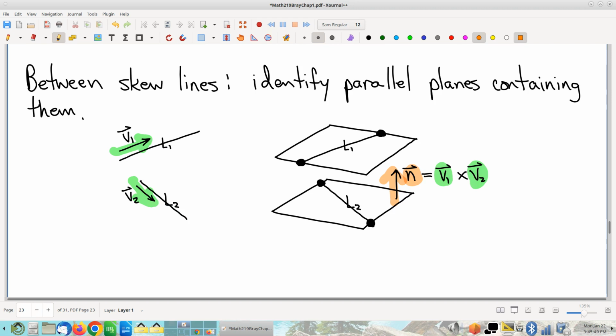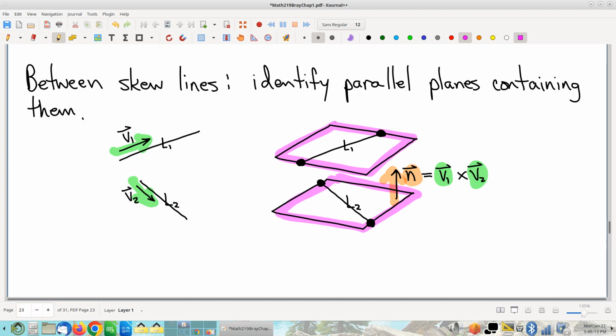Therefore, this normal vector is perpendicular to L1, and it's perpendicular to L2. Therefore, all of these planes that I can generate are parallel to L1 and L2.